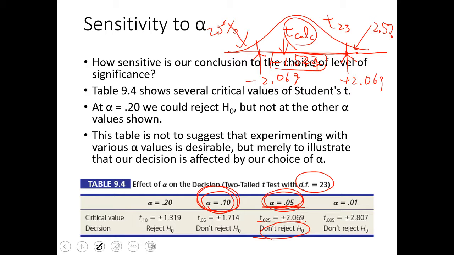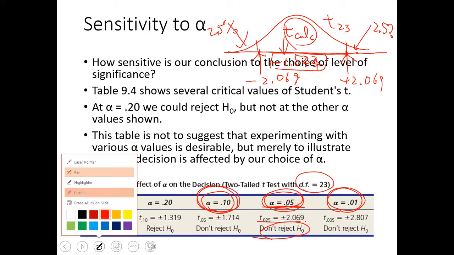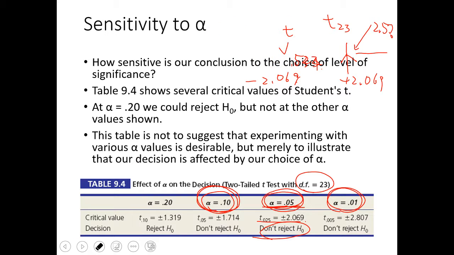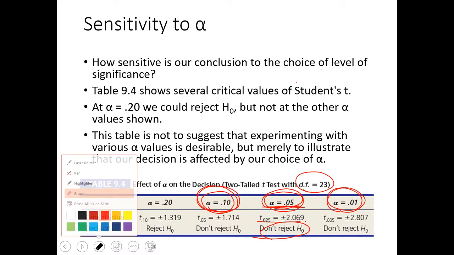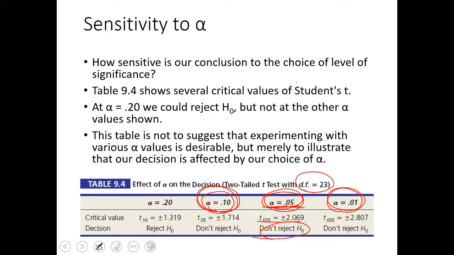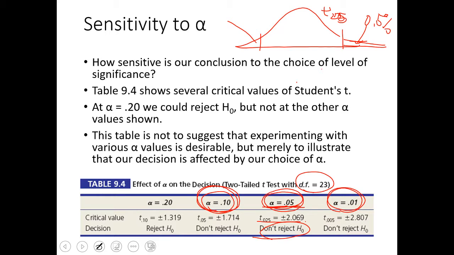But if alpha is 1%, let's draw it again. Alpha is 1%, then here is the t distribution with 23 degrees of freedom. This right tail should cover 0.5%, and this left tail should cover 0.5%.